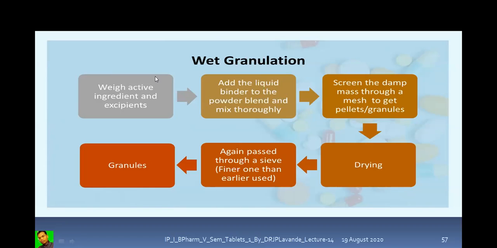So the different steps are: weighing, blending or mixing, granule formation, drying, and then again getting granules of uniform size. We need to pass it through sieves in order to obtain granules of uniform desired size and shape.